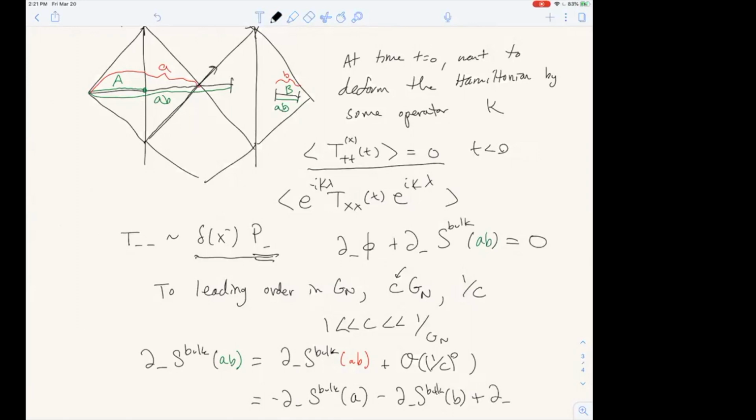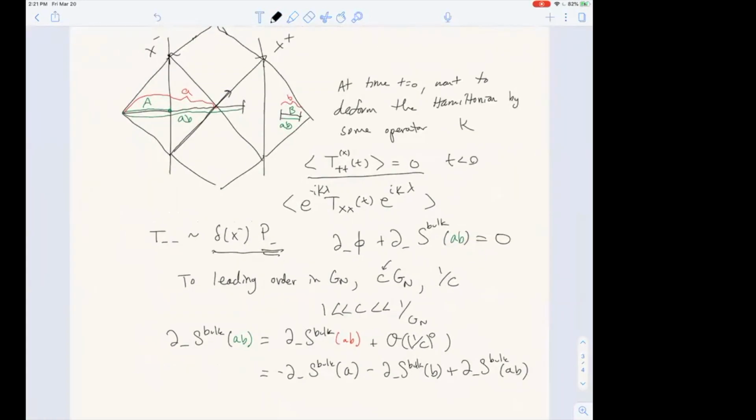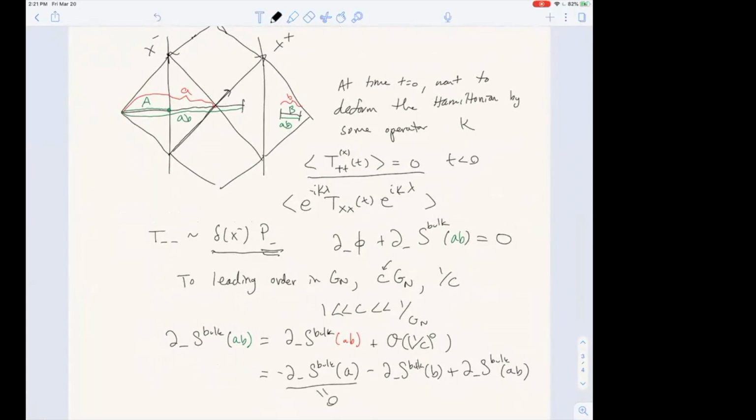Plus partial S bulk of AB. Okay? So this term is 0 by symmetry, right? Because this is a causal horizon, and this is a 0 expansion causal horizon. Or put another way, you could just explicitly compute this, and it's always going to be 0 in the CFT.